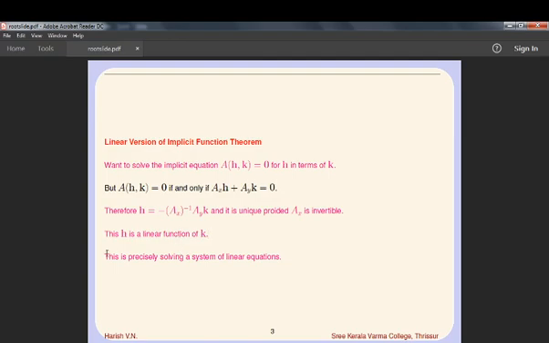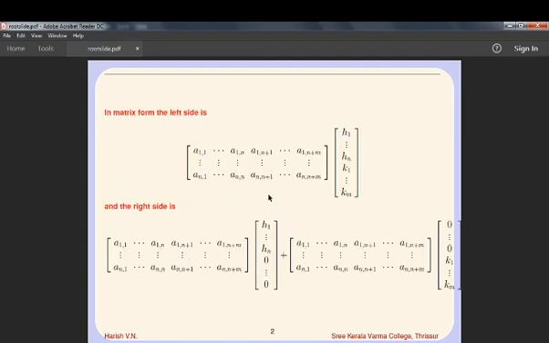And actually you will observe that this is precisely solving a linear system of equations. Which linear system? So this is A of h comma k equal to 0 here, 0 in Rn, 0 etc. 0 in Rn.